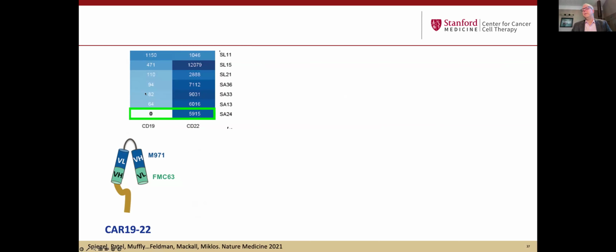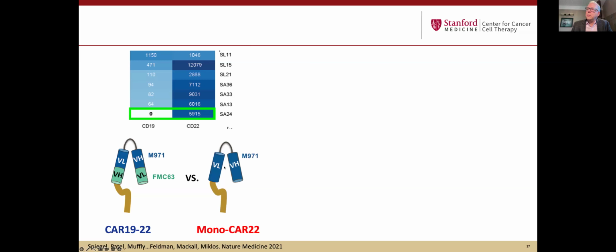When we looked at patients who were progressing, we noted that they still had CD19 antigen loss. These numbers are very low. We expect them to be up in the thousands in order to be adequately killed by CARs, but the persistence of the CAR and the loss of the expression of CD19 while maintaining CD20 said that the proximal 19 was working well and the 22 was not.